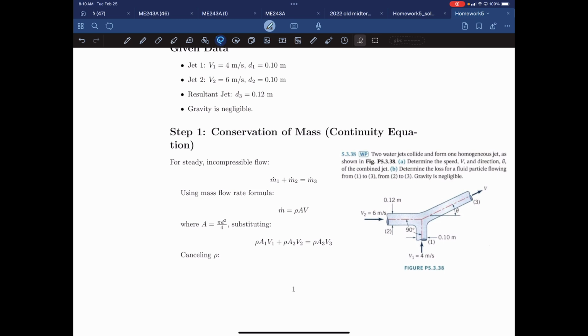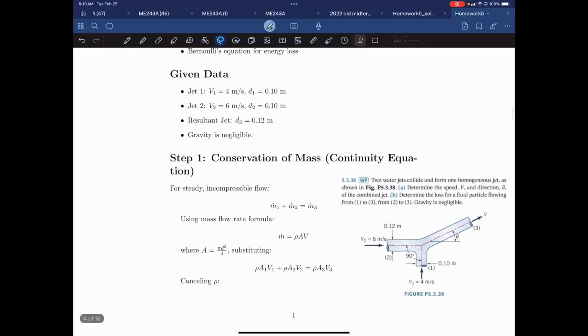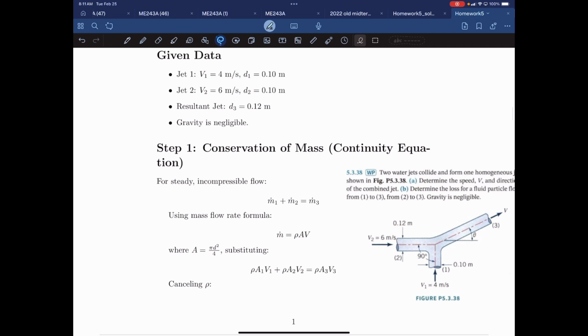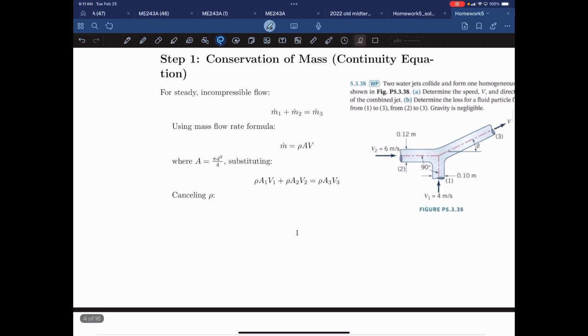Since we need to determine the speed and direction, first we start off with the conservation of mass continuity equation. For steady and incompressible flow, we have m dot 1 plus m dot 2 equals m dot 3. We can rewrite m dot as the mass flow rate formula, rho AV, where A is pi d squared over 4, and now we can rewrite it and cancel out the rho.